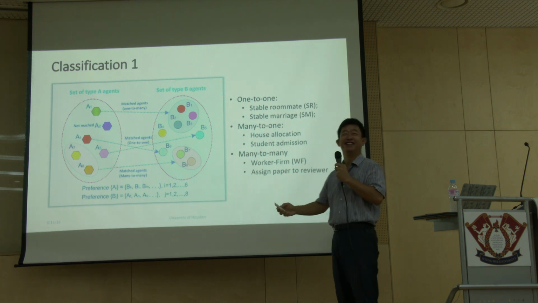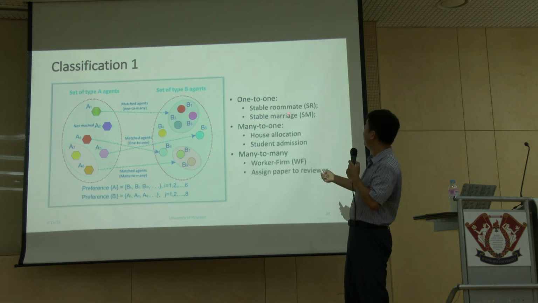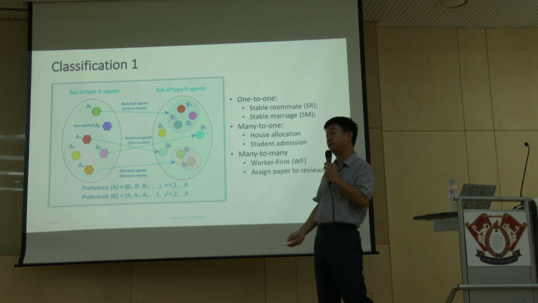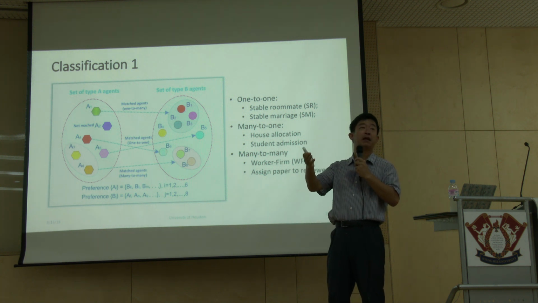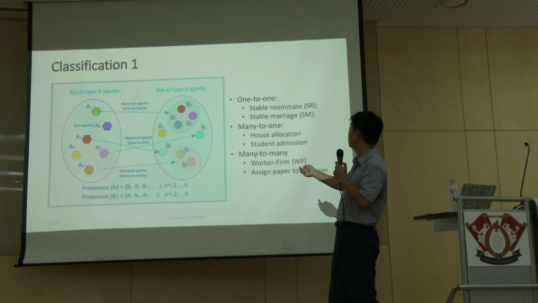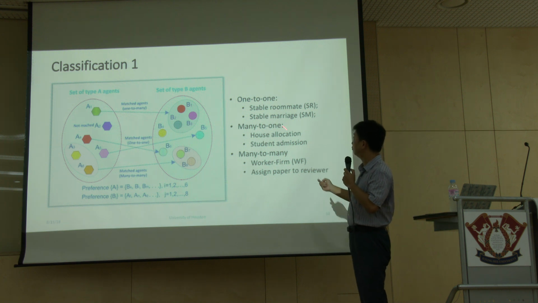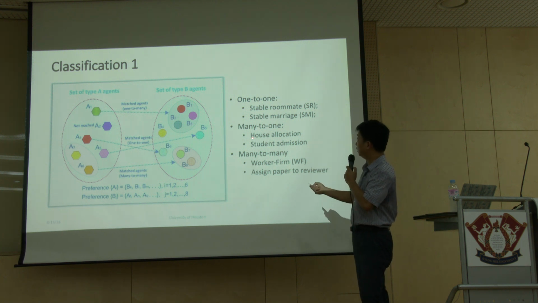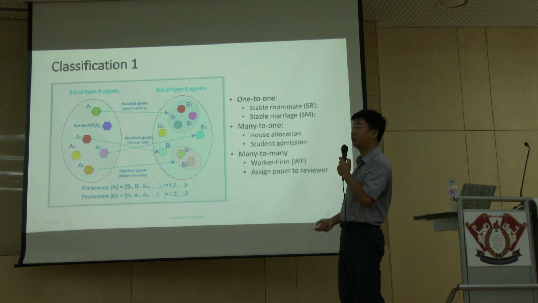I'm just joking. So this is stable marriage, stable roommate, and basically for roommate, sometimes in the United States it's only two, so two people share the room. So it's also a kind of one-to-one. Many-to-one, for example, house student admission.